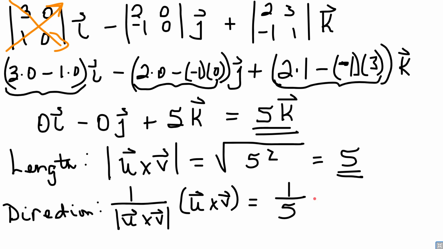The vector we established was 5 in the k direction. So our unit vector would be just k. Any questions?